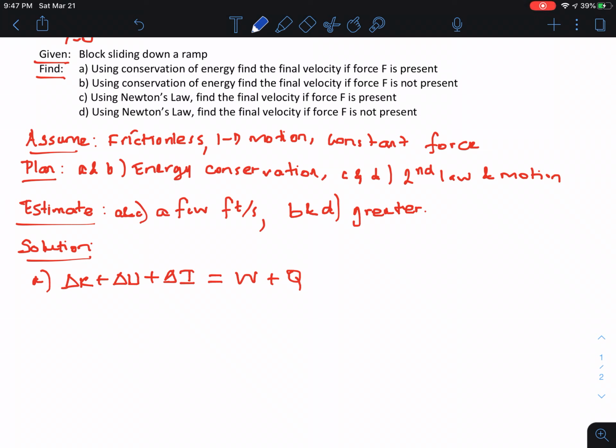That's what you think about in terms of potential energy change, delta U. If there's a change in elevation from initial to final, then you have to keep that term too. Is there a change in internal energy? Internal energy is related to the molecular level, so is there a change in the temperature or a change in the pressure?